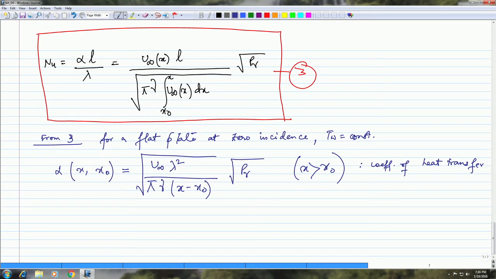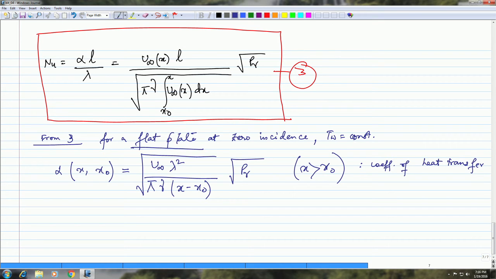Now this equation that we wrote down for the flat plate, for Tw equal to a constant, one could also write in terms of the wall temperature being a function. It could be an exponential function, or it could be given, and one could use that kind of definition as well.